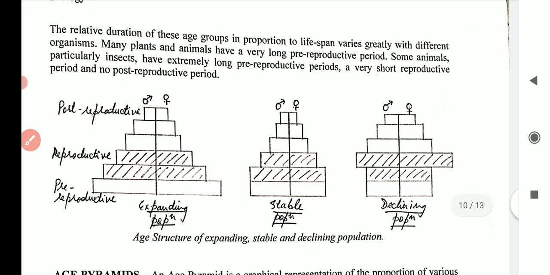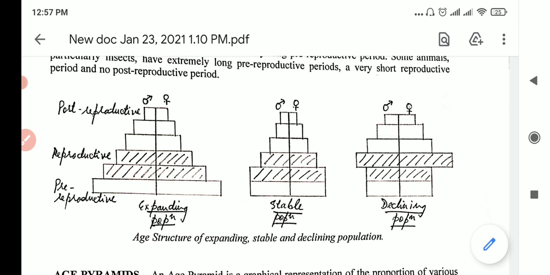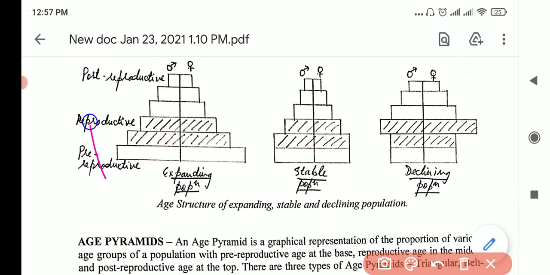Now let's see how they appear if we represent them in a bar graph. Here you can say that this is an expanding population. For example, this is the bar graph, the age structure of India.